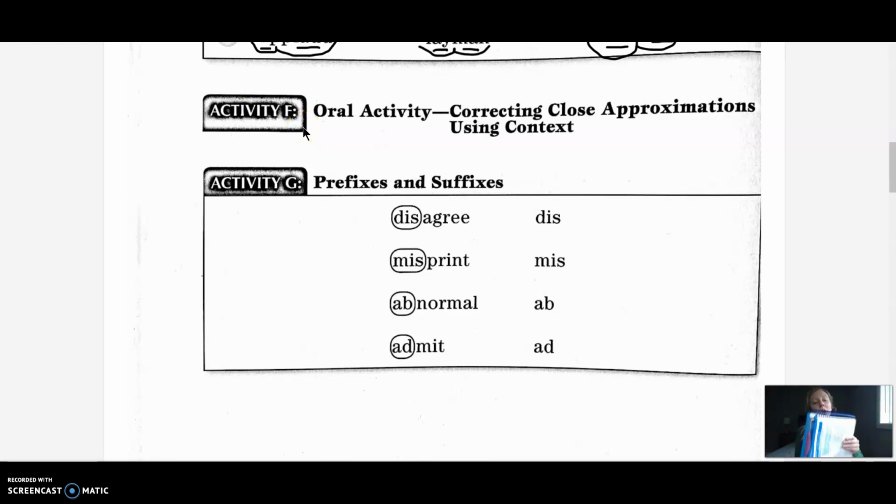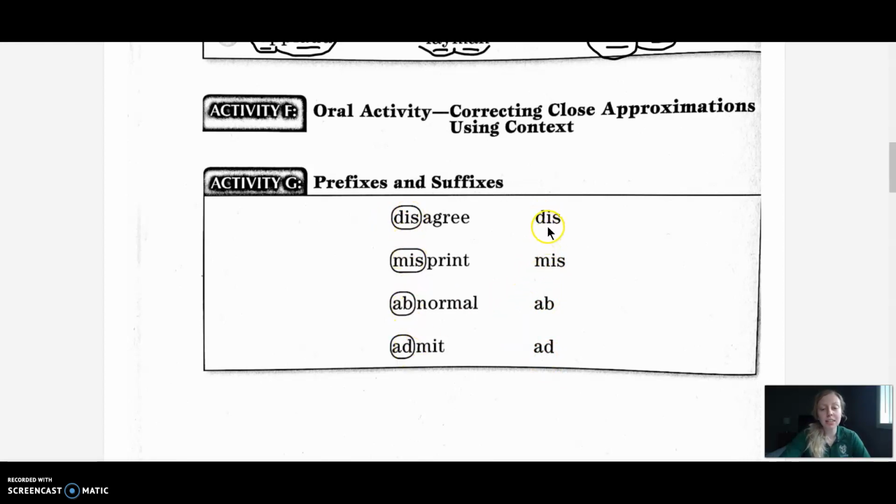Activity G. So we are getting into prefixes and suffixes. We are going to be starting with prefixes. And what prefixes are is they are the word part at the very beginning of a word, okay? So this column right here, these are prefixes, and those prefixes were circled in these words.